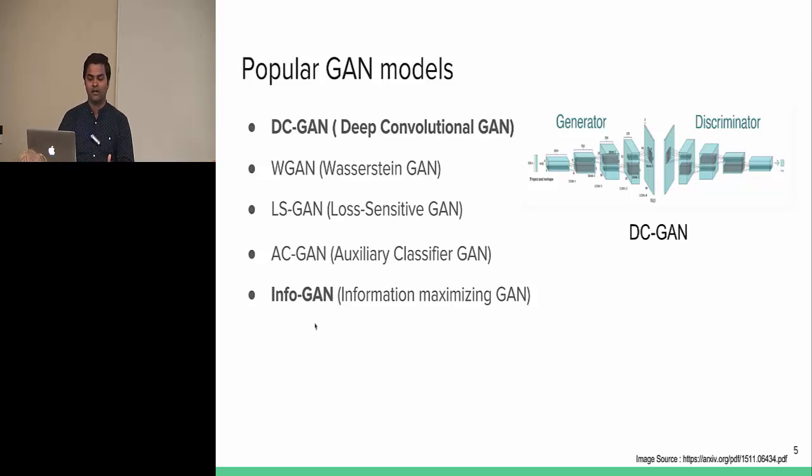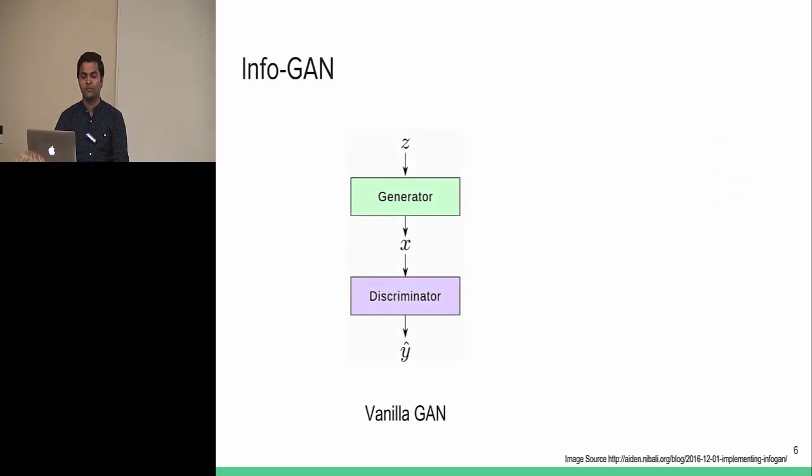And then came Info GAN, which is information maximizing GAN. Here, the theory behind information maximization was applied. We will look into the details of Info GAN, because this GAN was used in this paper. If you look at a vanilla GAN, you just sample some noise, pass it to a generator, and it generates some images which are passed to a discriminator, which discriminates whether they are real or fake.